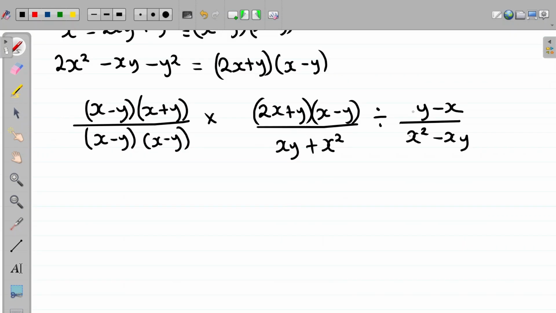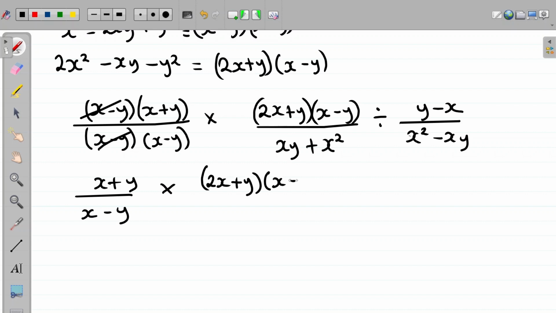Now, looking at our expressions, we have that x minus y can cancel out x minus y, and we'll be having that x plus y will be divided by x minus y multiplied by, also we have 2x plus y, x minus y.